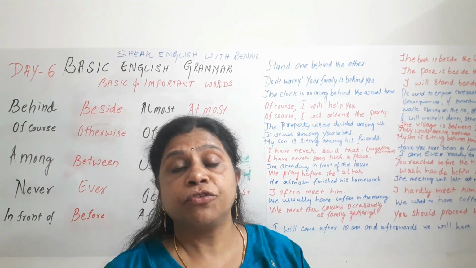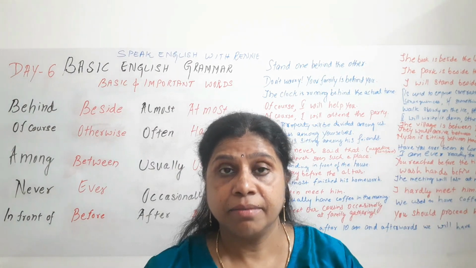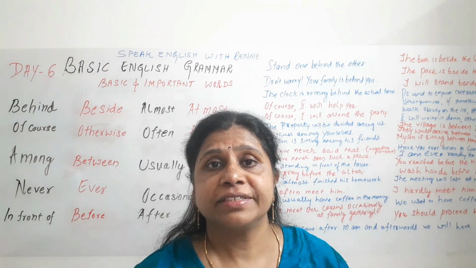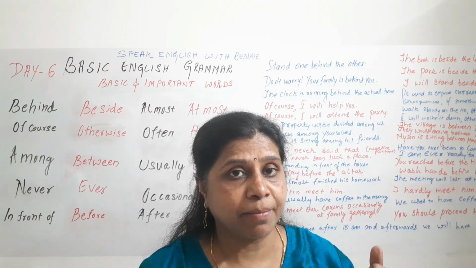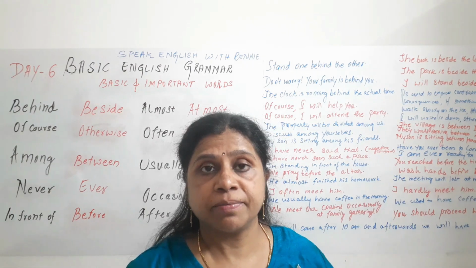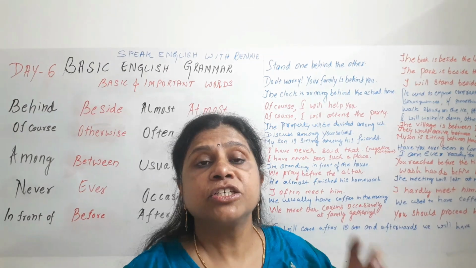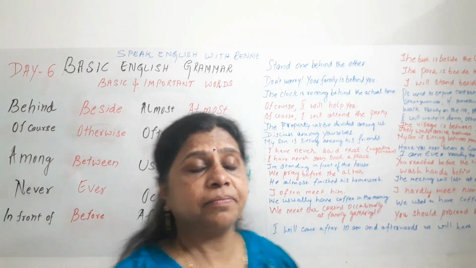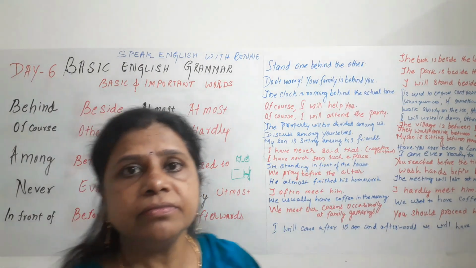Or if you tell your employees discuss among yourselves, it means there are many employees. They have to discuss among themselves, then come back to the manager. So among means it is told to a group of people. My son is sitting among his friends.